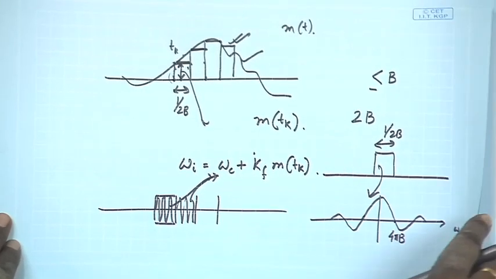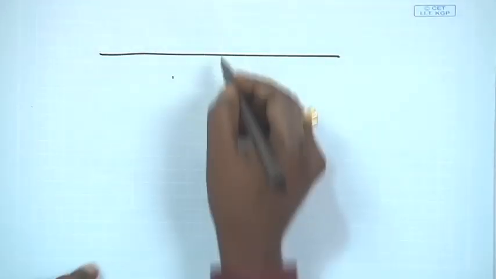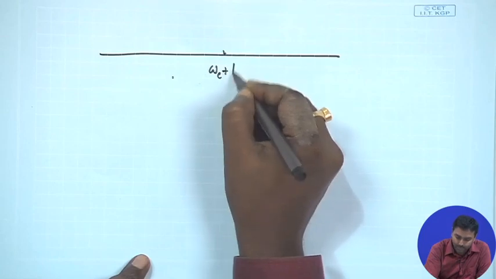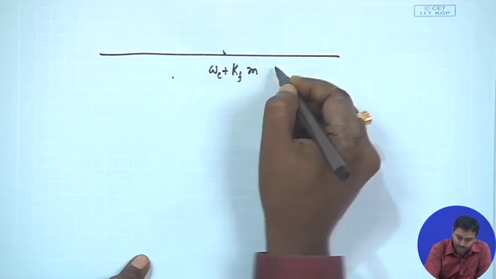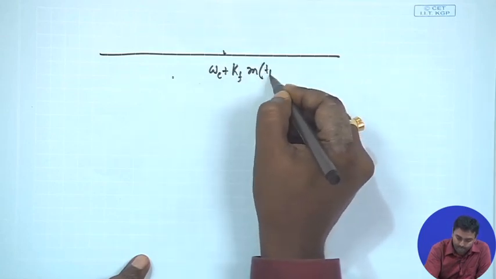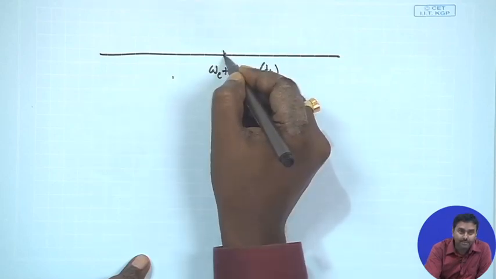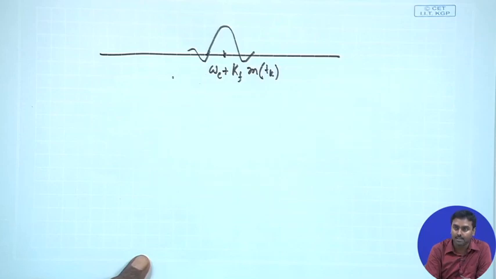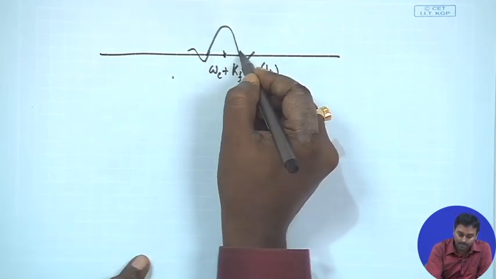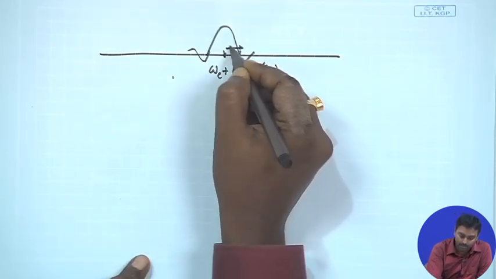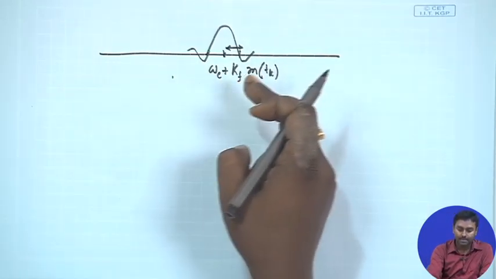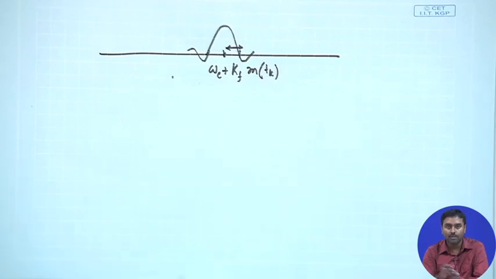Correspondingly, if I start drawing the frequency domain chart, for this m(tk) the frequency should be omega c plus kf into m(tk). At that center frequency there will be a sinc function whose zero crossing will be plus 4 pi B, so omega c plus kf m(tk) plus 4 pi B.